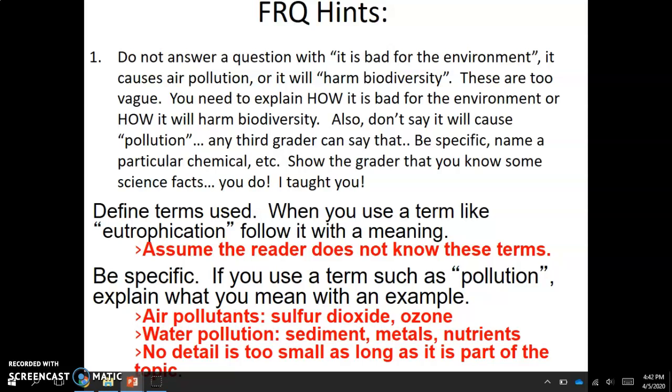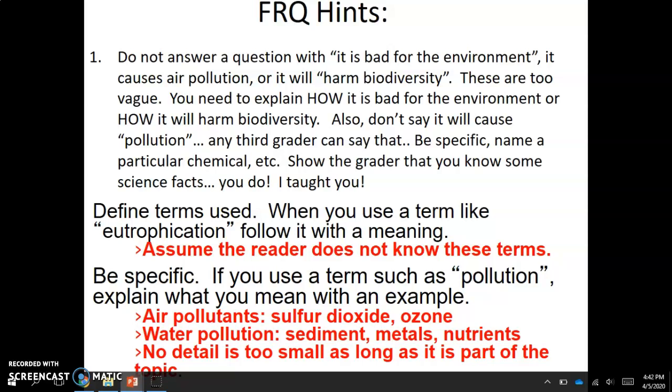And if you mention CO2 a second time in a different FRQ, you have to define it again. So you have to write it out the first time as carbon dioxide and put it in parentheses again. The reason for that is because the same person will not grade both of your FRQs. Two different people will likely grade your FRQs, so even if you define it early on, it doesn't mean it's defined in your other essays.